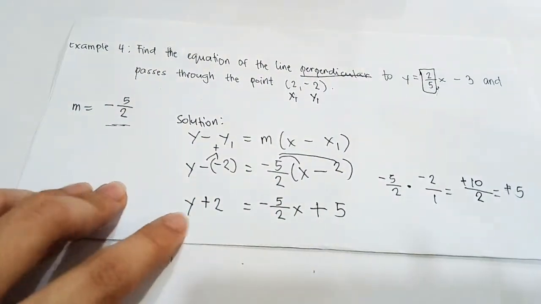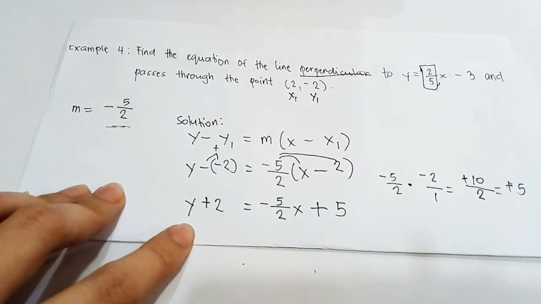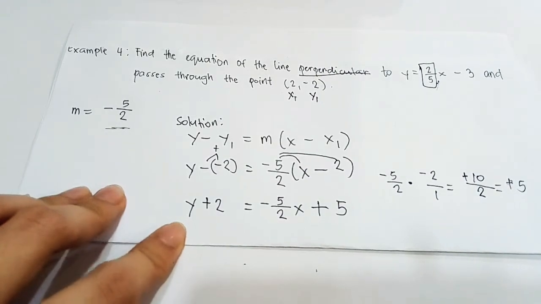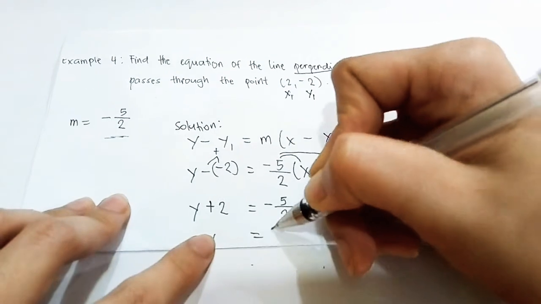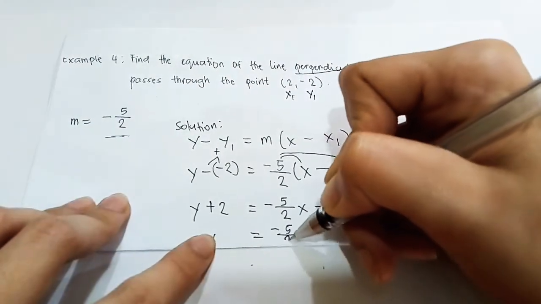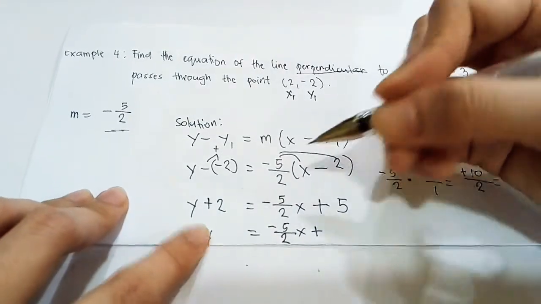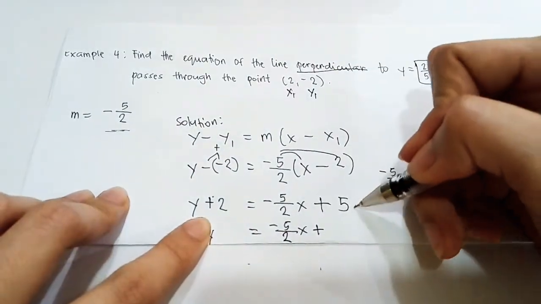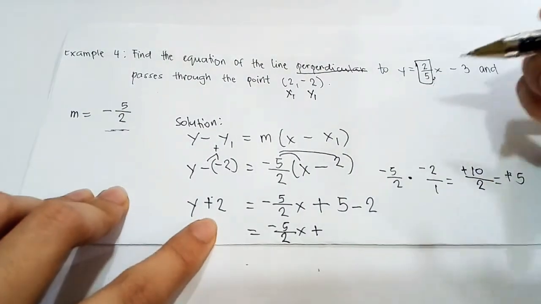And then isolate y for us to write the equation of the line into slope-intercept form. So we have y equals negative 5 halves x plus, so we have positive 2 will become negative 2 if we're going to transpose.